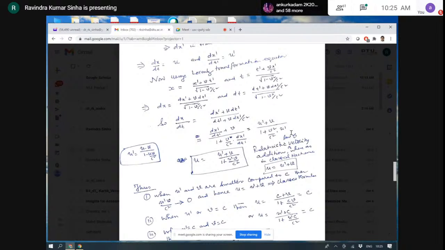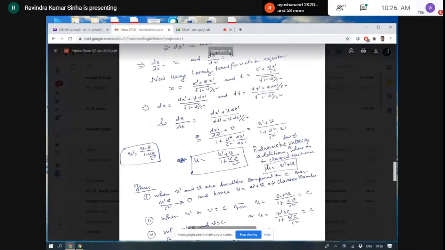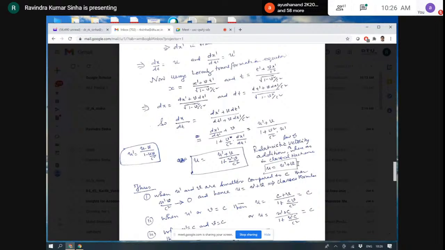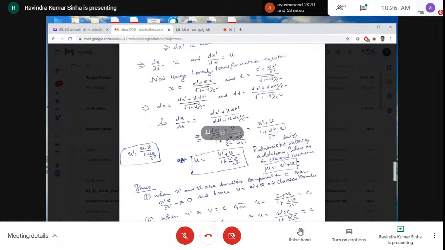That is the relativistic law of addition of velocity. Whereas in classical mechanics or in a Galilean transformation, it would have been only u dash plus v. Is it clear?